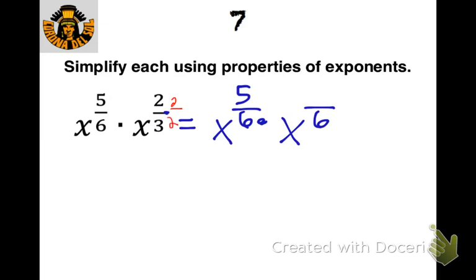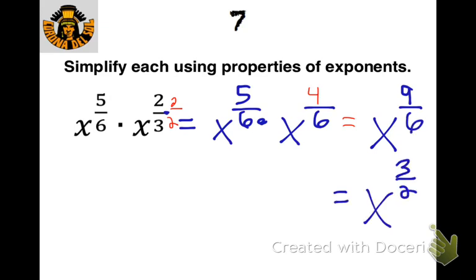That's going to make 2 times 2, which would be 4. So now they'd have a common denominator. So we keep the x, we add the numerators, keep that same denominator. So 9 over 6 is not a terrible answer, but we can reduce that. So we can say x raised to the 3 over 2, or x raised to the 3 halves, we say.